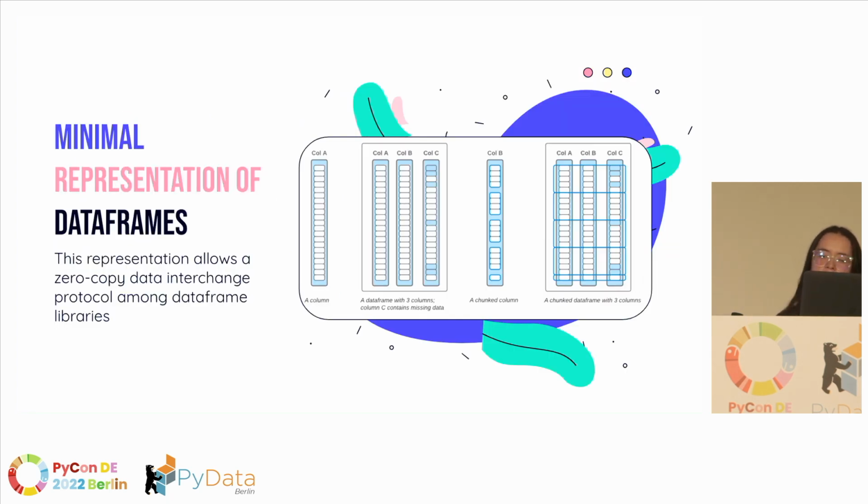So the first thing that we started to do was to create a minimal representation of data frames. The idea is to define the minimum things that I need to have a data frame that will be useful. And the important thing is that this will allow a zero-copy data interchange among all the data frame libraries.